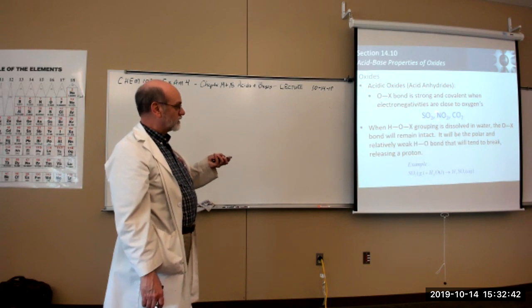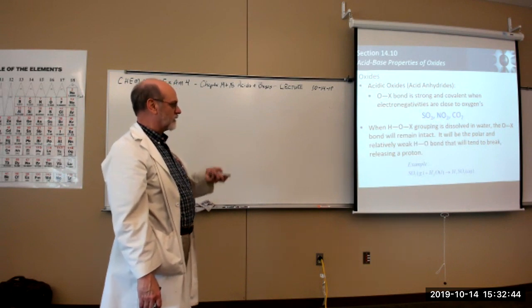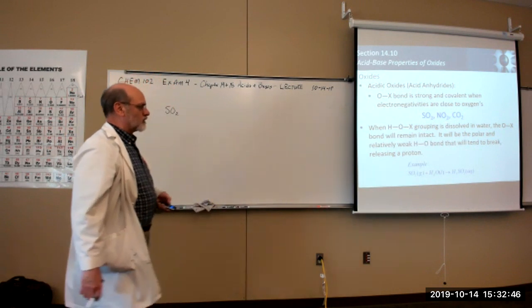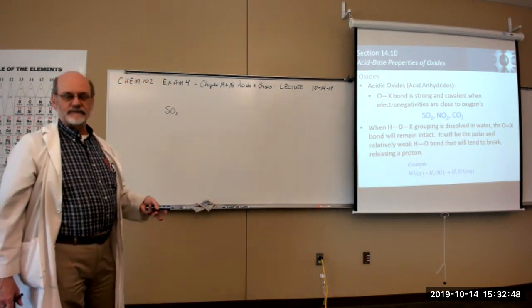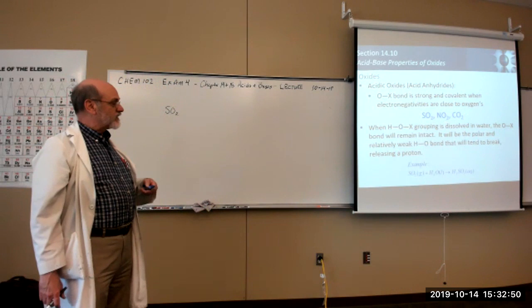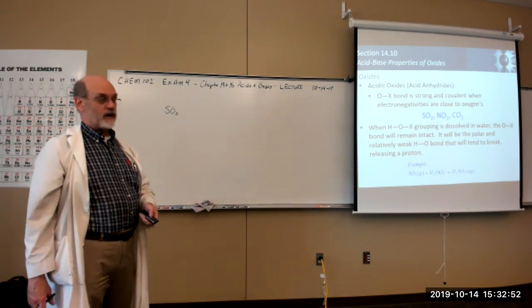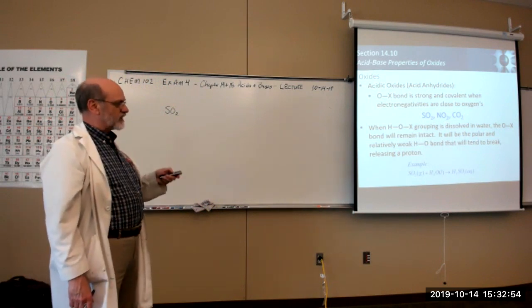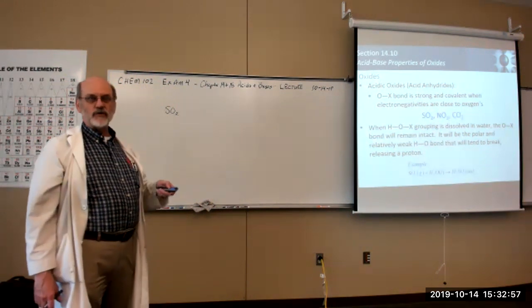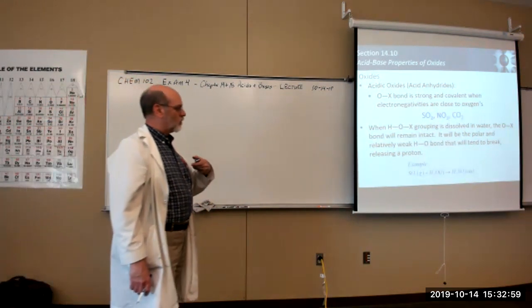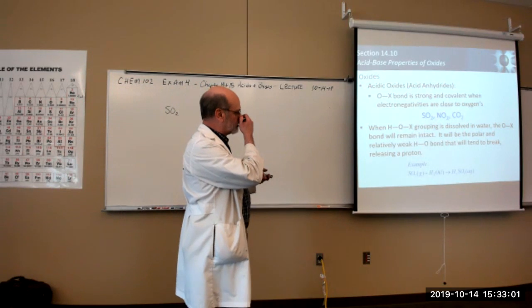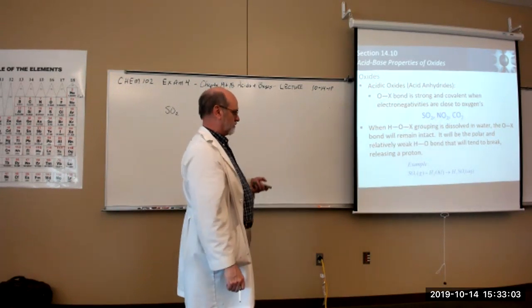Sulfur dioxide, nitrogen dioxide, carbon dioxide. Those are all gases, right? So they really don't have any meaning as acids until you put them in water. So we need to look at the reaction of these in water to deduce their strength.